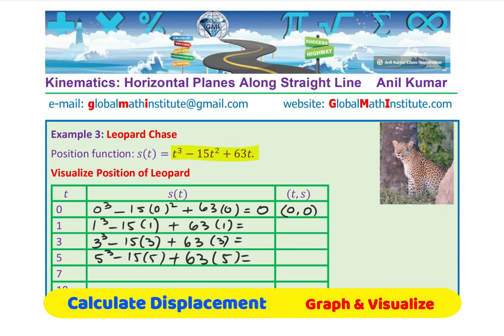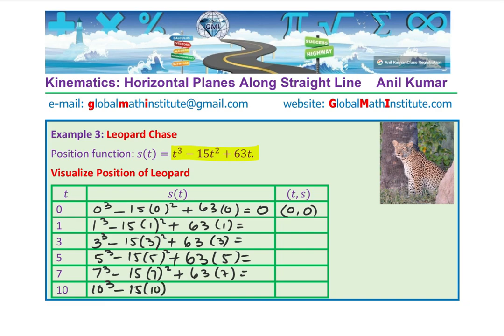Then 7, so we'll put 7 cubed, minus 15 times 7 squared plus 63 times 7. And last, 10 cubed minus 15 times 10 squared plus 63 times 10. Now I'll substitute these into my calculator.